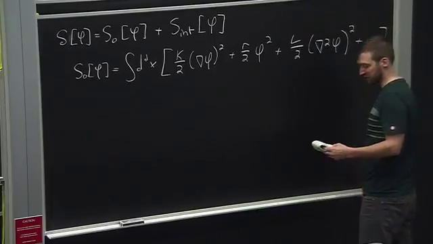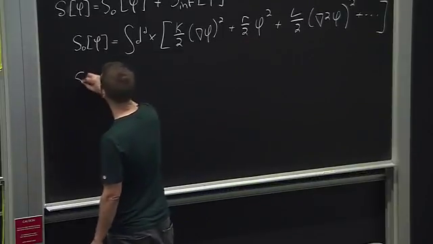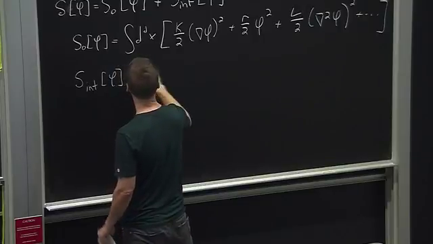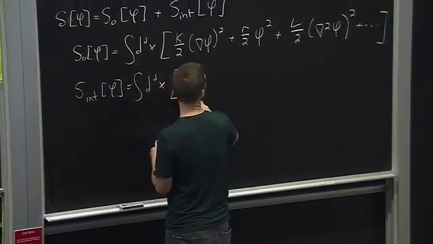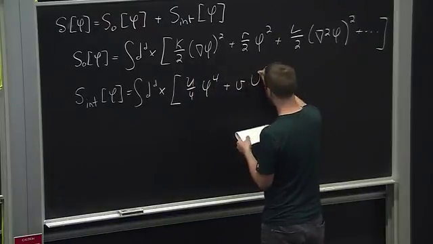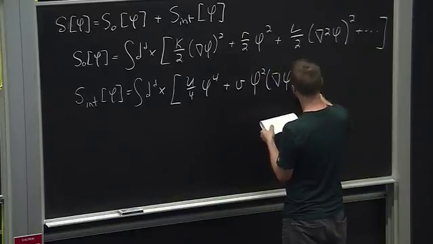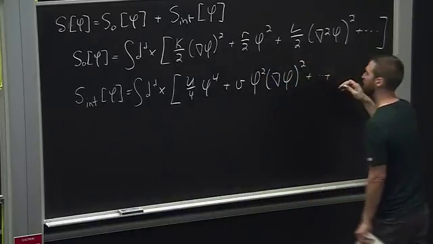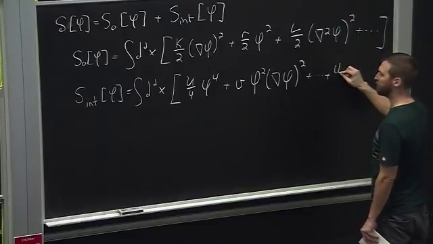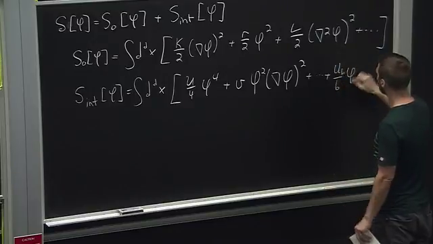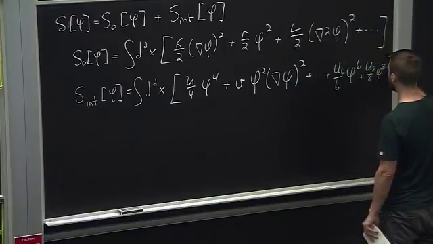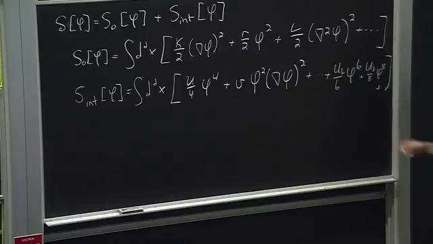And in the interacting piece, there's my phi 4, which I'll call V, and then you can have U6, U8, forever.